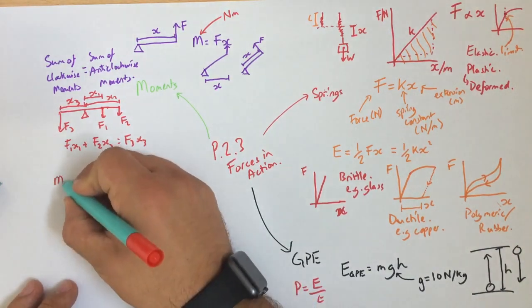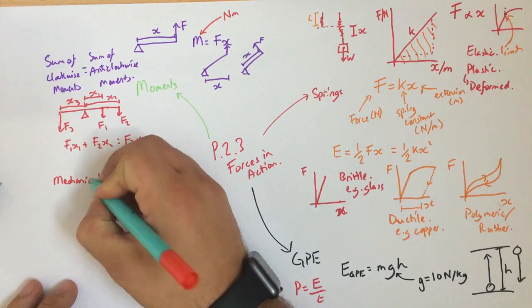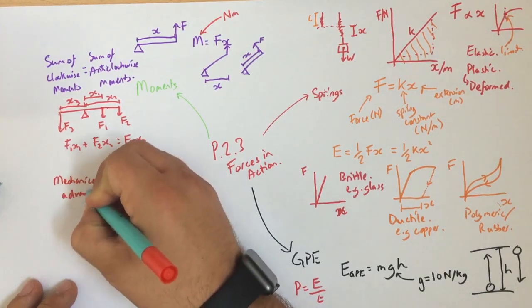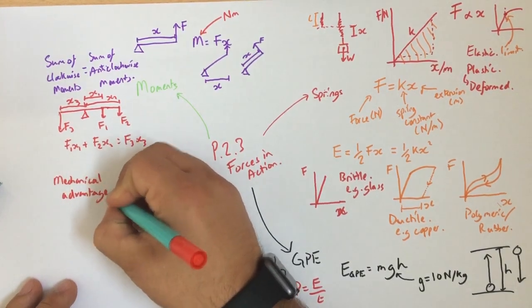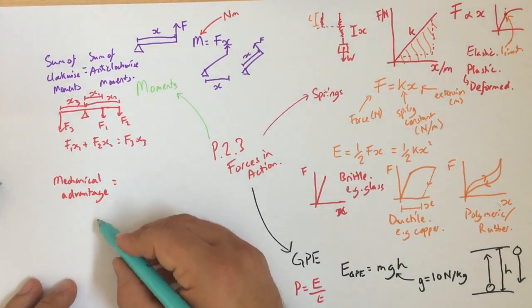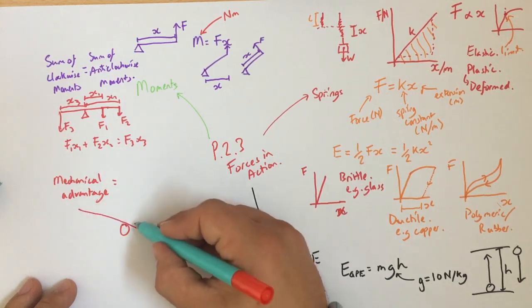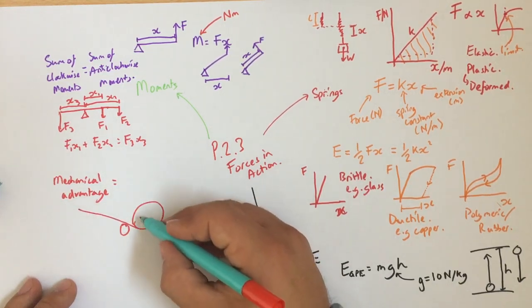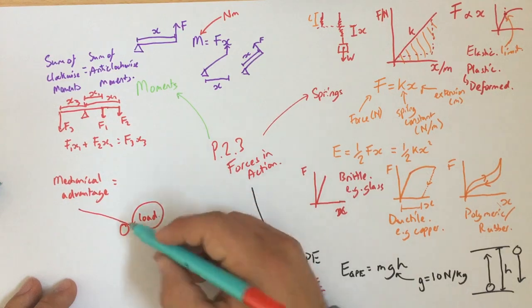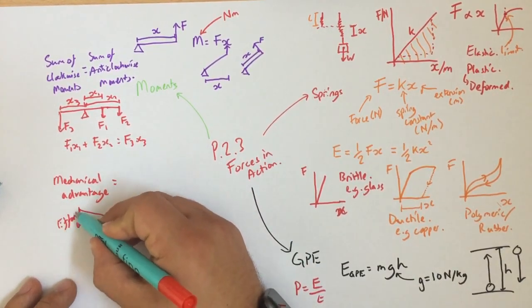Now, there is an extra equation here, which is called mechanical advantage. Just to put this into context, if I have a pivot, like a ball here, for example, and I've got a big rock, that's going to be my load, something I want to lift, and I'm going to put some effort in here, so I'm going to put a force.